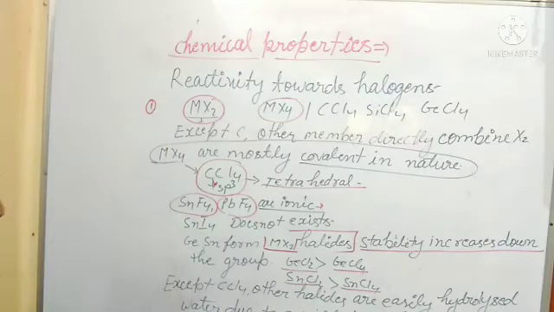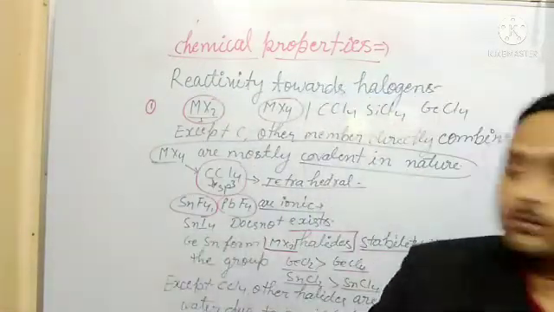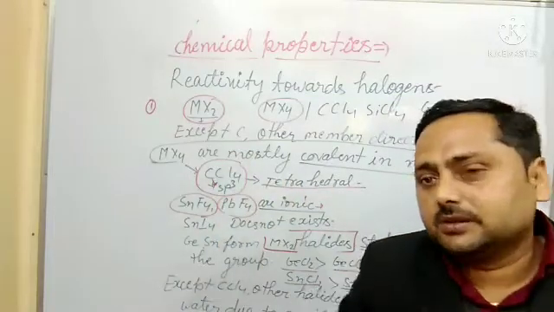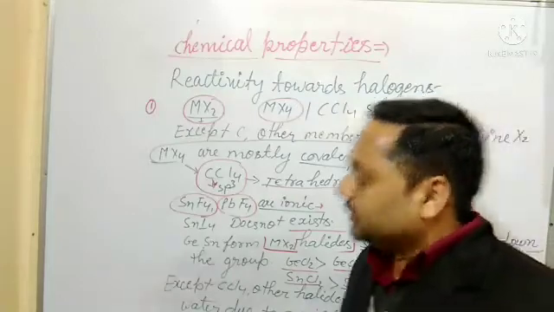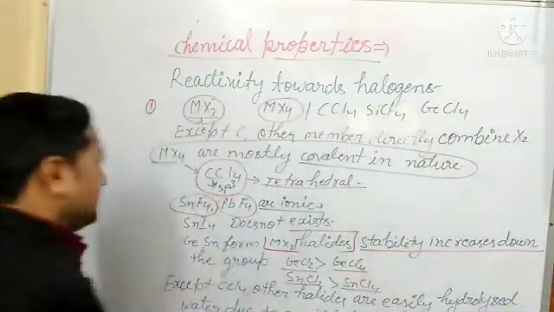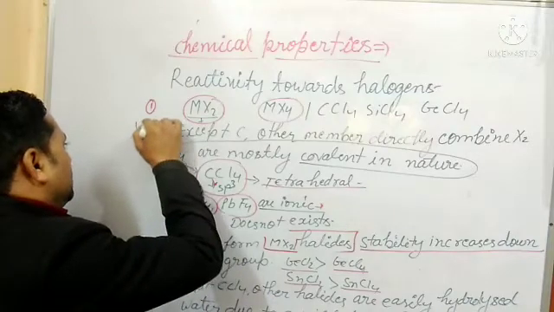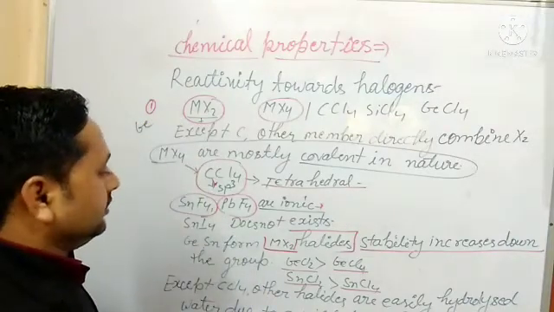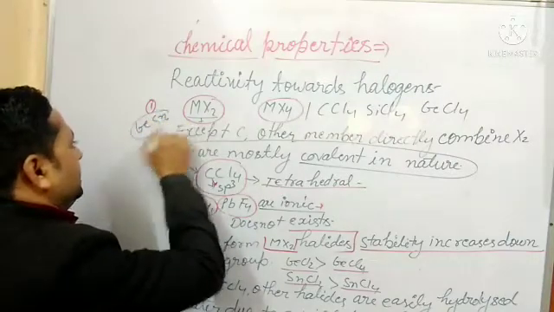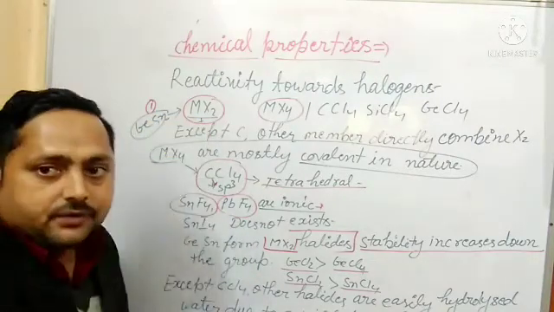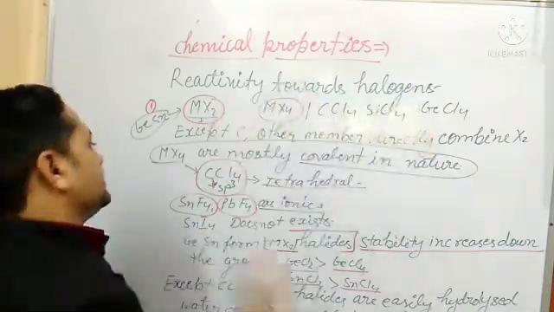What we observe here regarding reactivity towards halogens: they form MX2 and MX4 type of halide, but germanium and tin only form MX2 type of halide. The rest form MX4 type of halide, like CCl4, SiCl4, GeCl4.